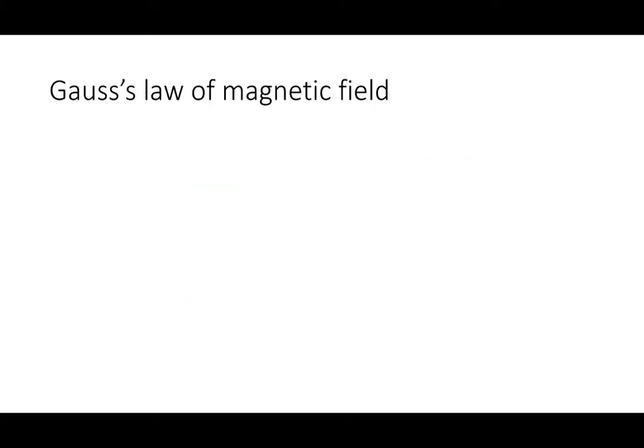So what if we try to apply Gauss's law to the magnetic field? If you draw a Gaussian surface to find the net magnetic flux, defined as the closed surface integral of B dot dA, that's always going to give you 0.